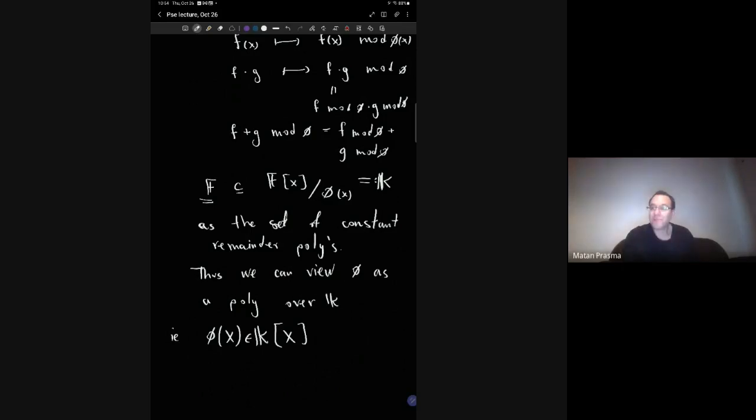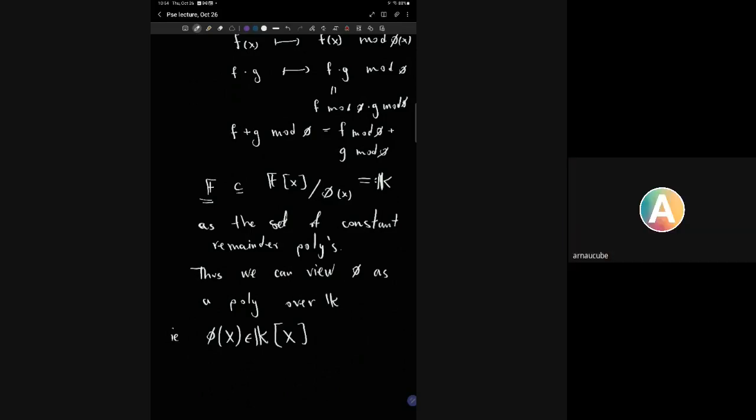Yeah. I have a question. Because I don't see why, you define k as f of x over phi of x, like the set of polynomials, well, the field over the phi of x.